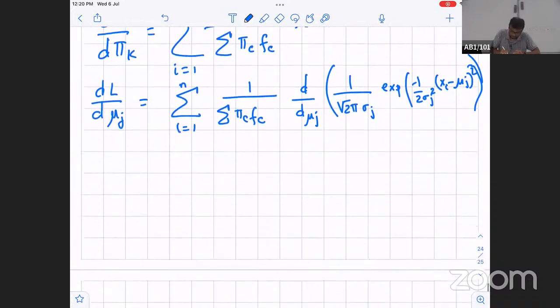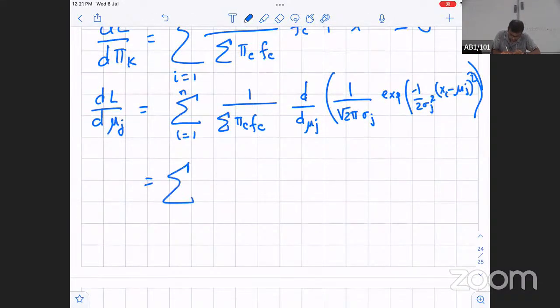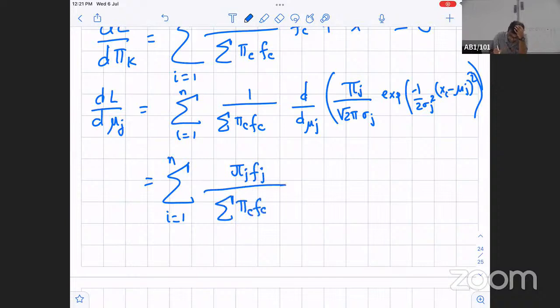So what is this derivative? Can someone help me out? Again, chain rule, right? It will be the same thing. There is a pi j as well, I somehow missed that. So it will be pi j fj divided by summation pi c fc, because d by d mu j of e power something is the same thing first, and then the derivative of the inner term.